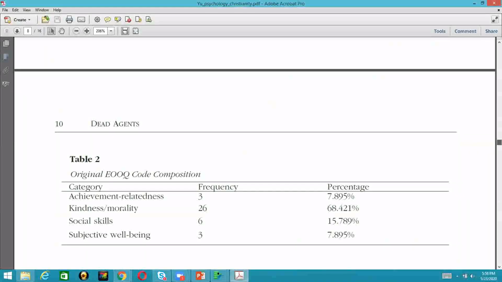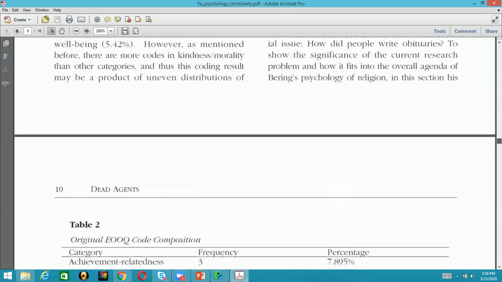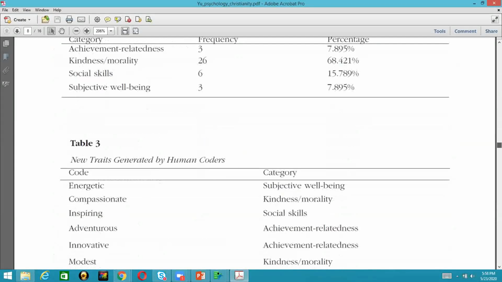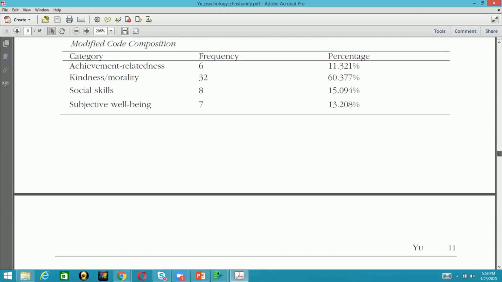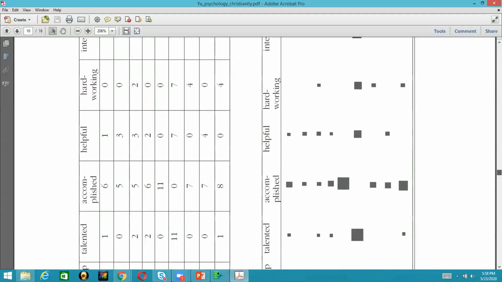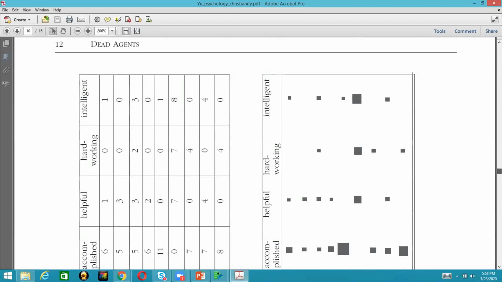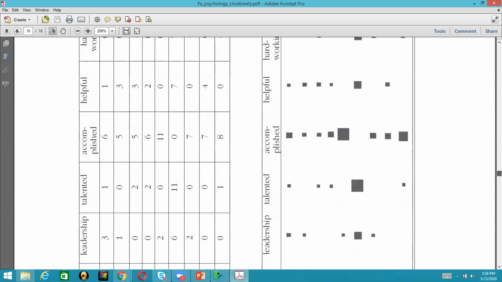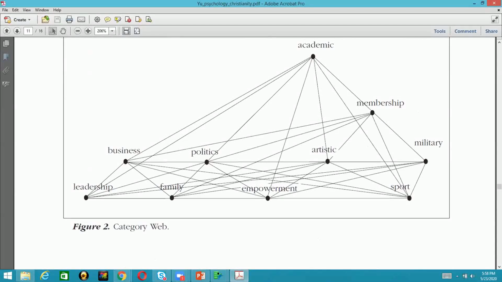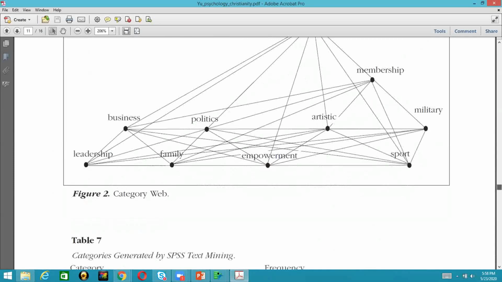The result section is here. It's just frequency, so one dimension, the frequency, and then here is the correlation matrix. Here is the Excel showing the numbers, and on the right hand side is the correlation matrix, and then here the concept web, Swanson process, concept linking, right?